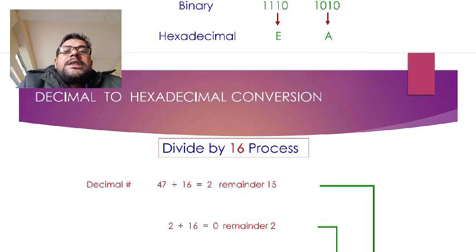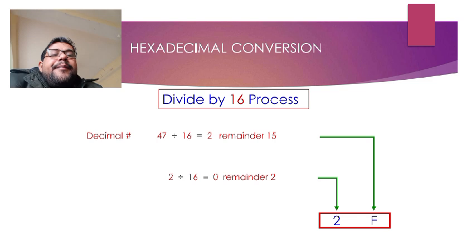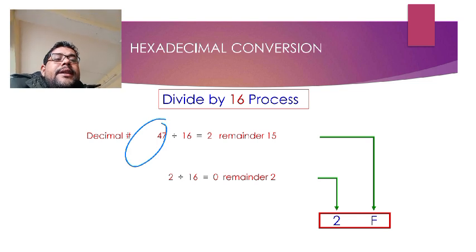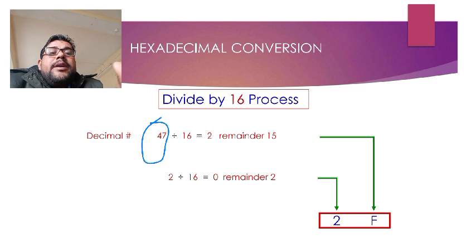By dividing by 16. Suppose a number 47 is a decimal number. We want to convert this decimal number into a hexadecimal number. So how will we do it? First this number is divided by 16.